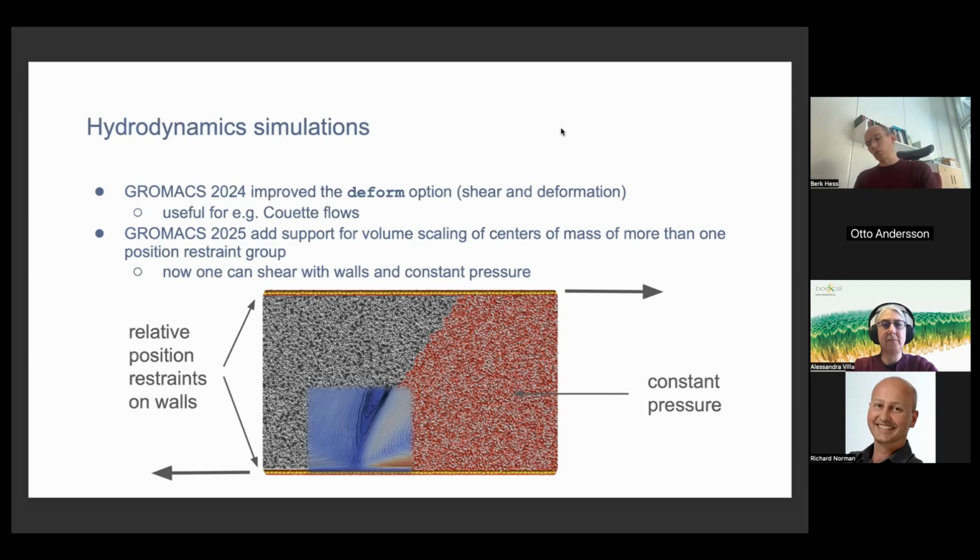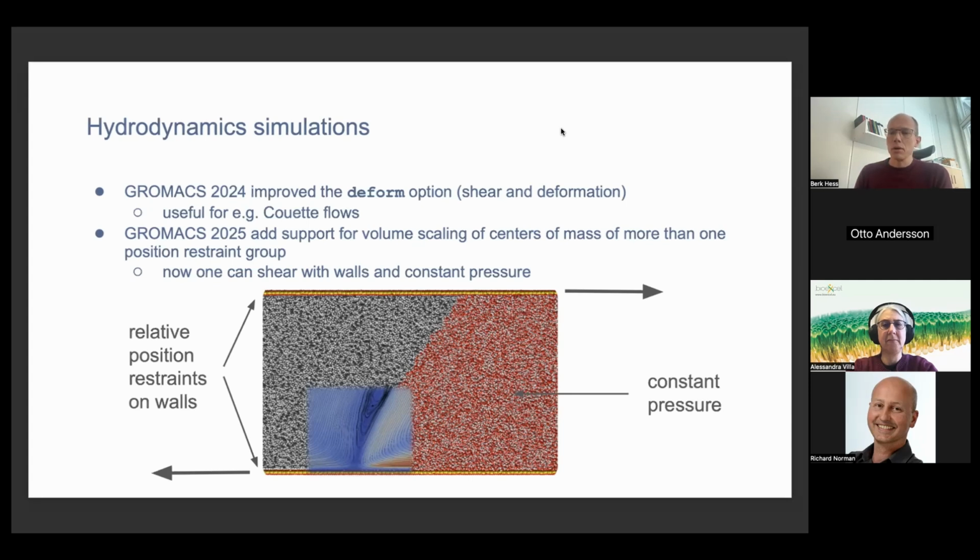In GROMACS there were options to either scale all restraint coordinates with the box or to do it with respect to a center of mass, but there was only a single one. So now we support multiple centers of mass, and thereby you can scale these walls without any internal deformation in the walls, and now you can have constant pressure.